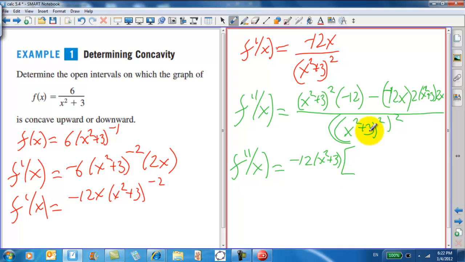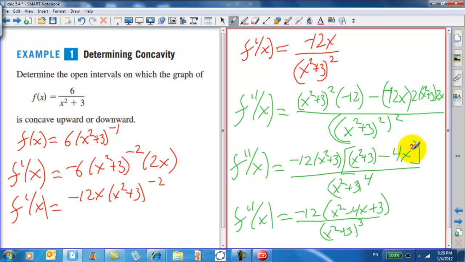That's going to help a lot, because then we are just left with one x squared plus 3 from this group. From this group, we took out the minus 12, so it's going to be minus 2x times 2 is 4x, minus 4x squared.